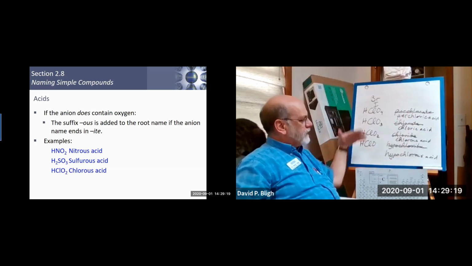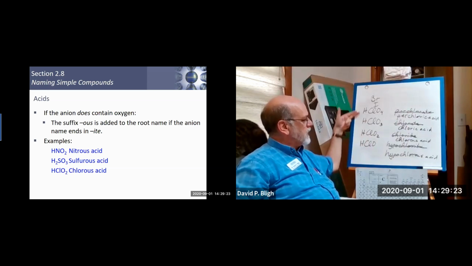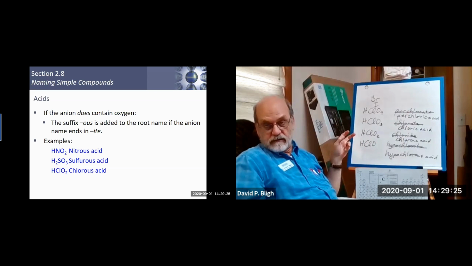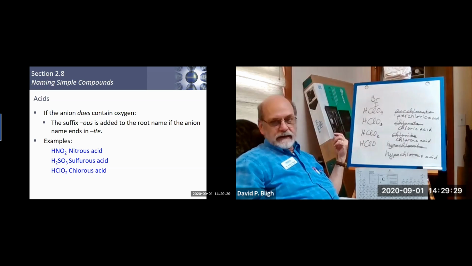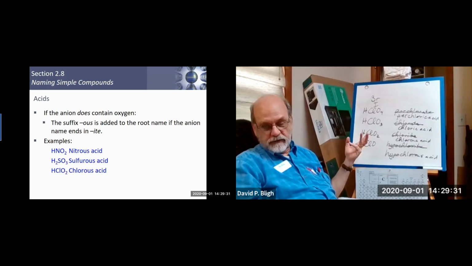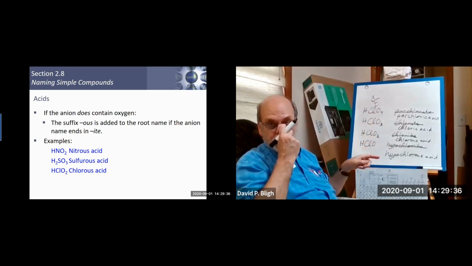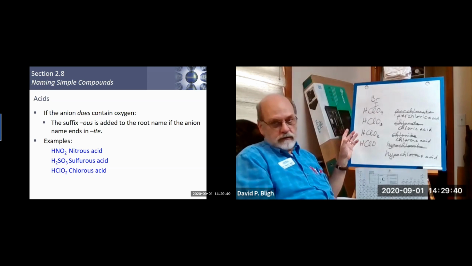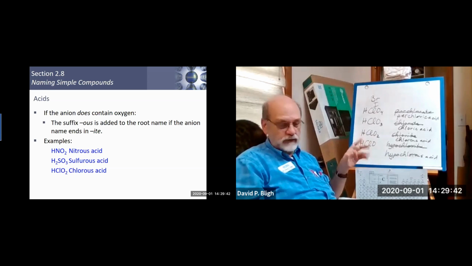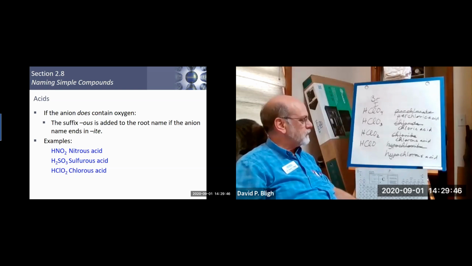So with just that one sequence, you can get 12 different acids, all halogen acids. You can't do it with fluorine. Fluorine's a halogen, but it doesn't form these compounds. Oxides of fluorine are not stable. So you only have those three to deal with.